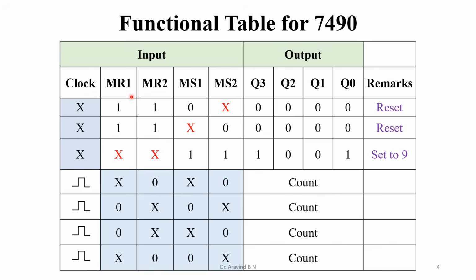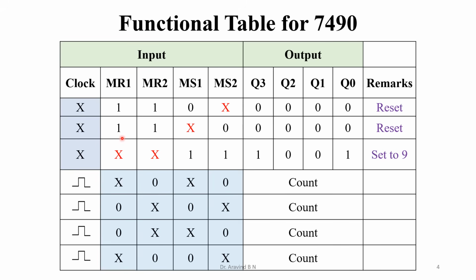In such a case, this is master reset. Reset means make the output equal to 0. With respect to both the counters, master reset is equal to 1. Therefore, the output of both counters will be set to 0. We call that state the reset state.